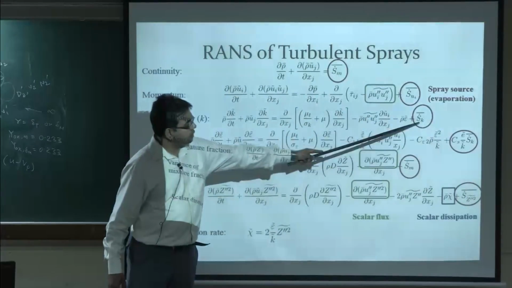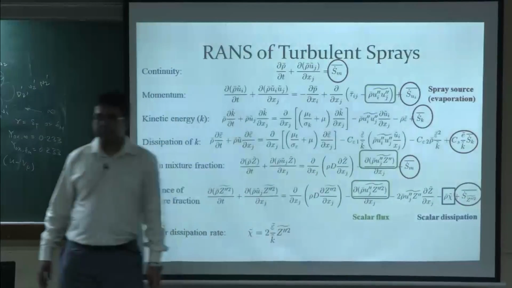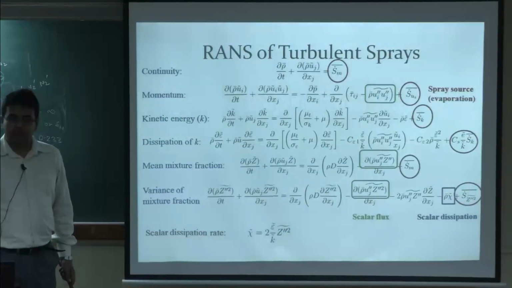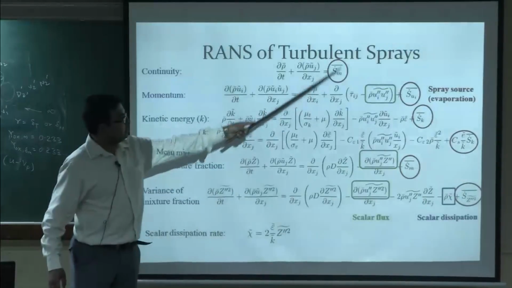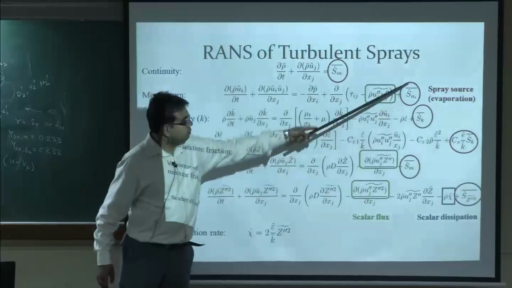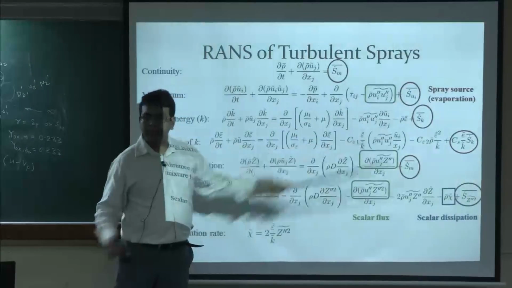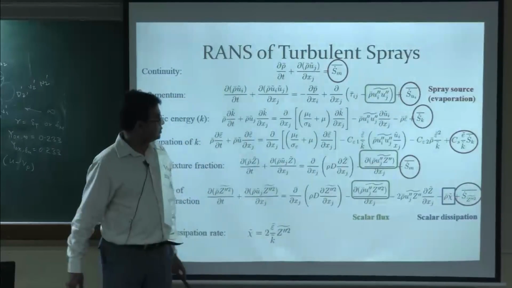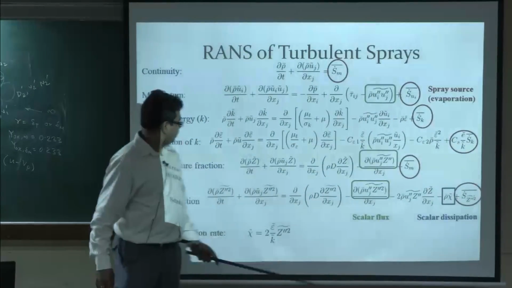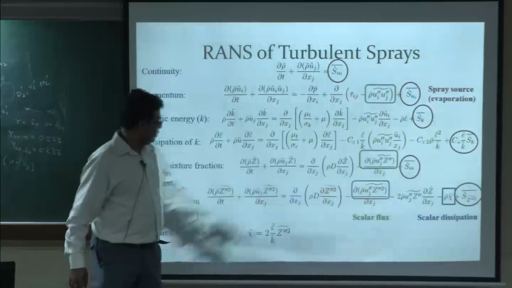But these are the source terms arising due to the interactions between the two phases. S dot m is the rate of evaporation, and this is the rate of change in momentum due to the gas and liquid phase interactions. Same thing for the K equation, epsilon equation, the mixture fraction equation and the variance equation.